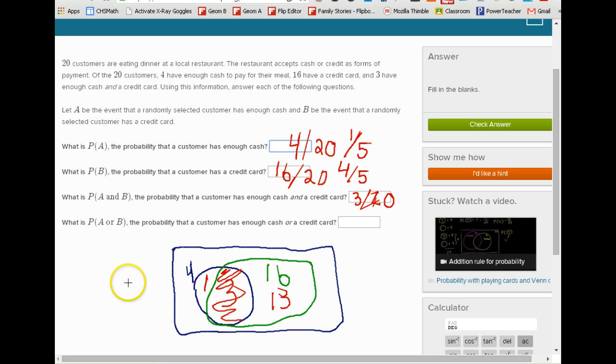That would be all the cash, that was 4 out of 20, plus enough credit card was 16 out of 20, right? So one or the other, that ends up being 20 out of 20.